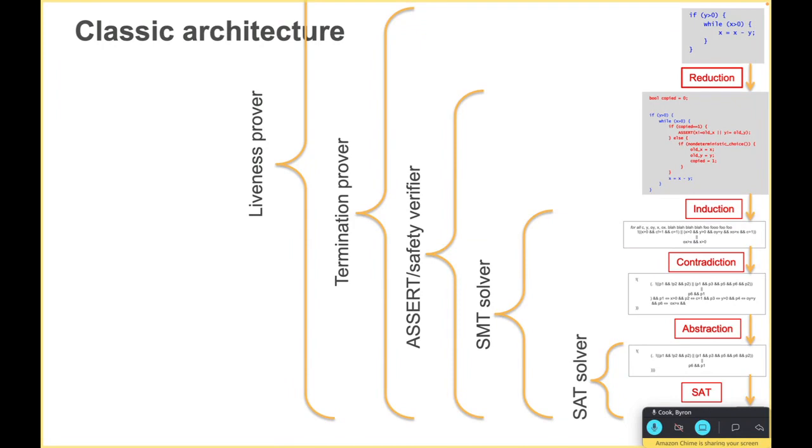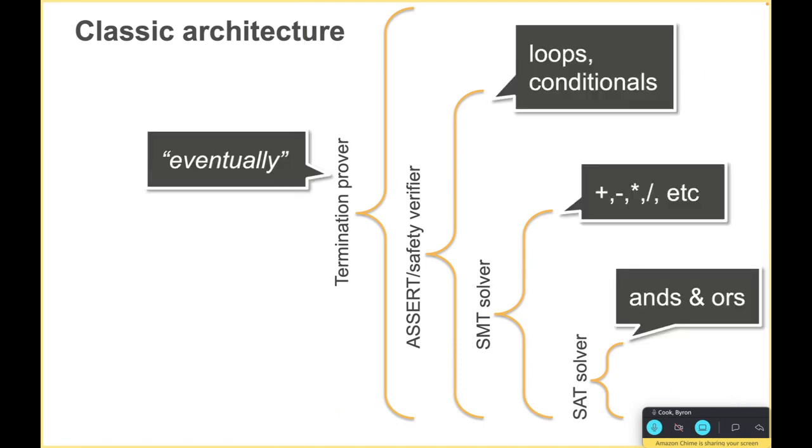It's actually very much like hyperproperties, but I digress. From termination, you can convert to a series of safety calls, and from there a series of SMT calls, and then the SMT solver calls a SAT solver. So it's this sort of Rube Goldberg machine with tools calling tools calling tools.